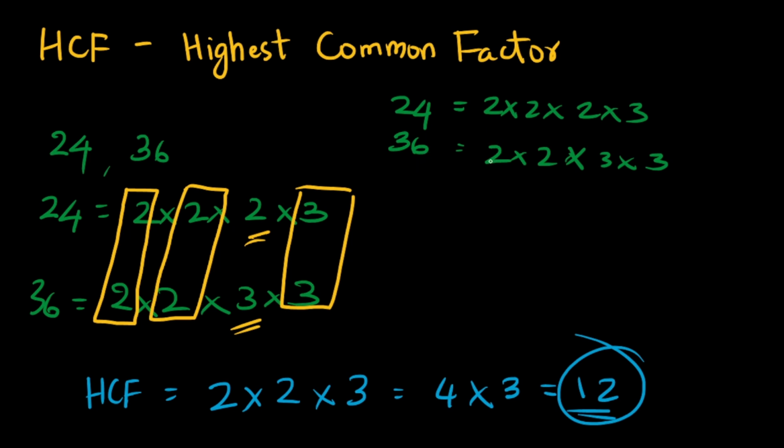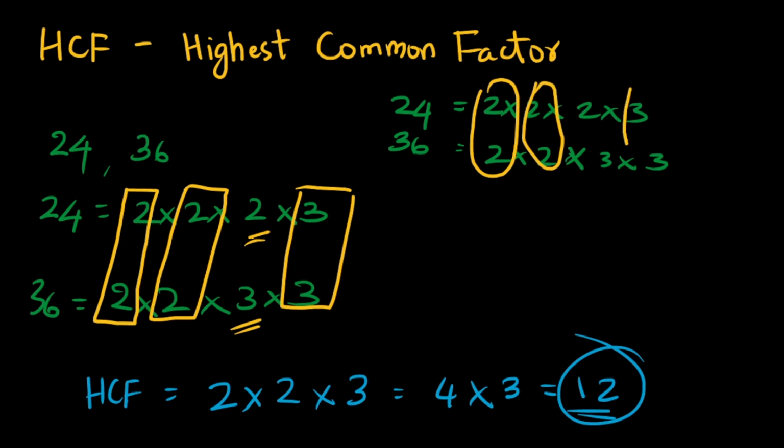Here you have 2, here also you have 2. In 24 also, in 36 also you have 3. So we have common factors here. So here you have 2 and 2, so we just pair them up. Again you have 2 and 2 over here, again you paired them up, right?